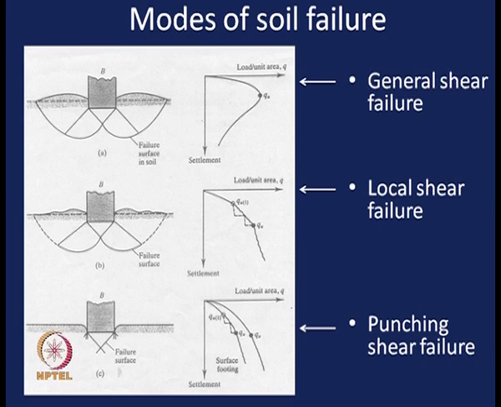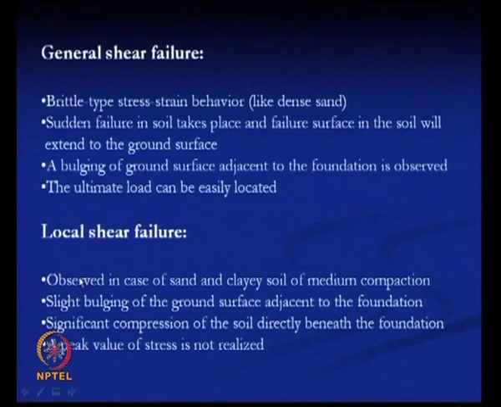The next one is the local shear failure. The characteristics of this local shear failure: this type of failure is observed for sand or clay soil with medium compaction. That means sand that is medium dense, or soft soil that is a moderate type of clay, where this type of failure is observed.